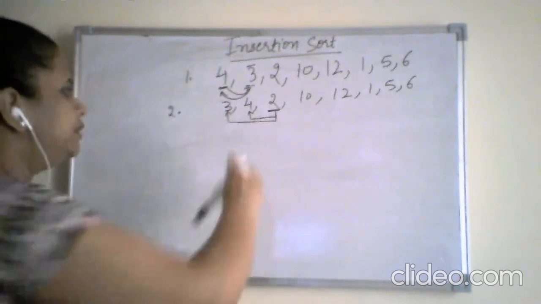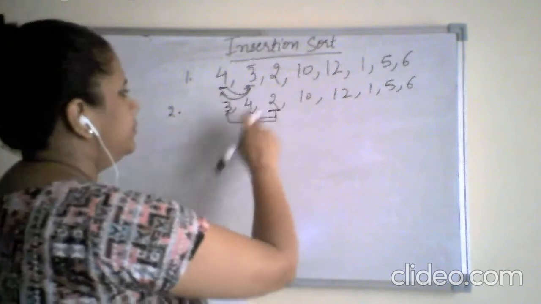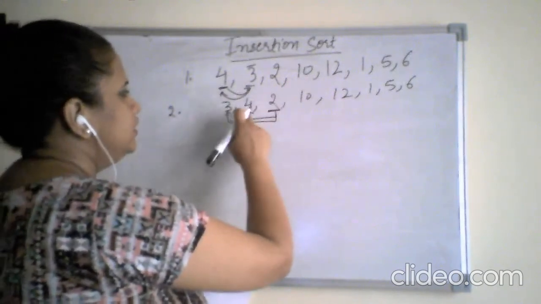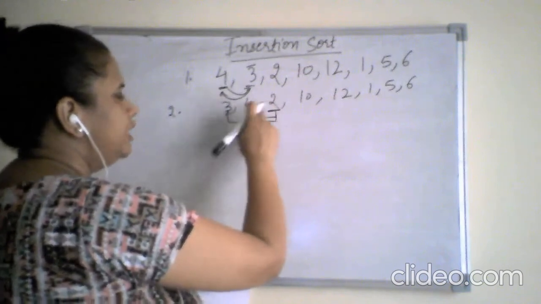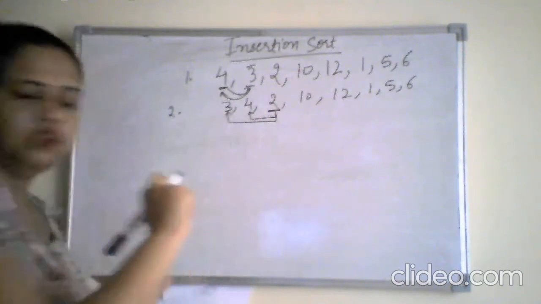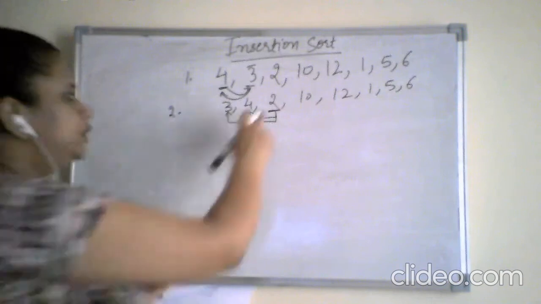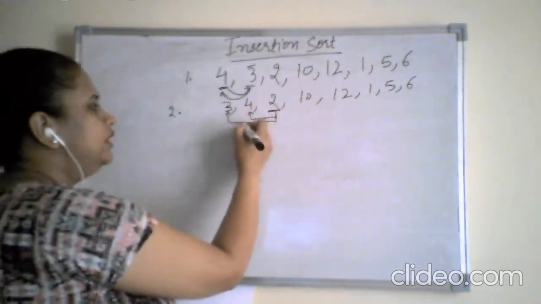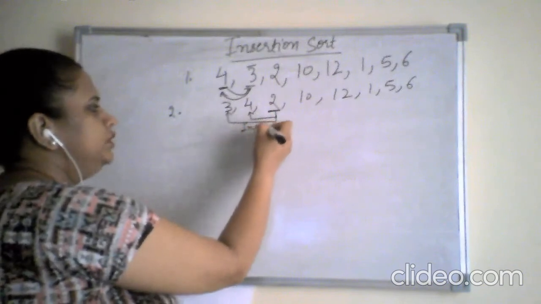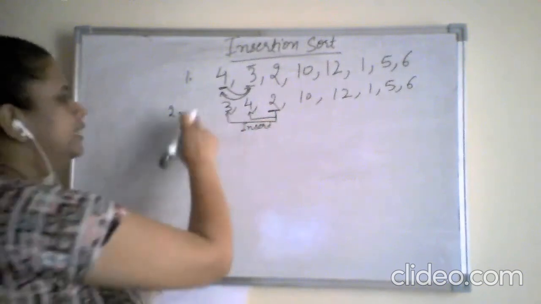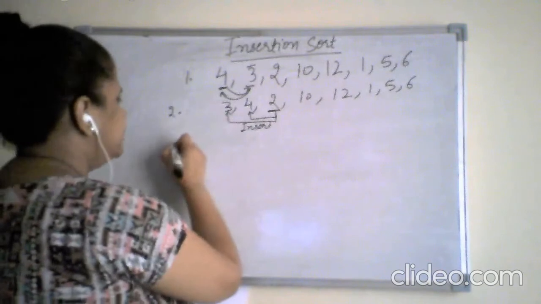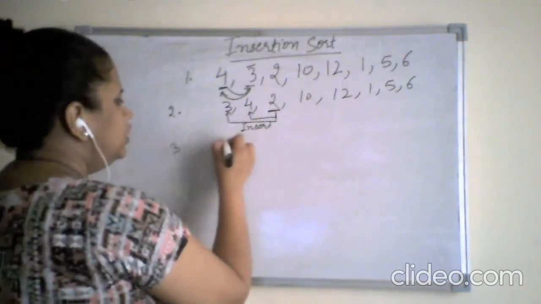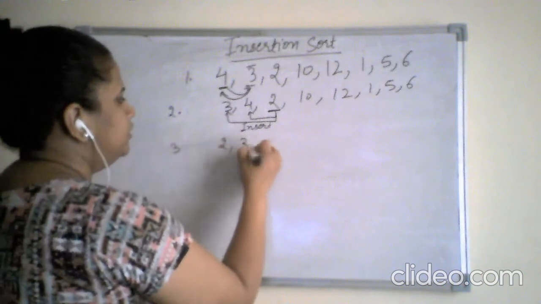When this comparison happens with both of them, 2 is less than 4 and 2 is also smaller than 3, right? So by comparing 2 with 4 and 3, you will be inserting your data at the initial stage of it. So now my data set will become this.